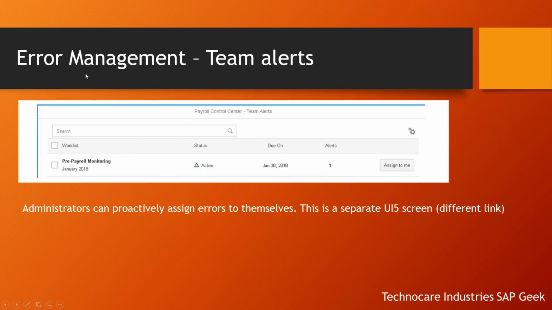This is a separate link, called team alerts. The administrator can go to this team alerts screen, check the list of alerts which are not assigned yet, assign them to themselves and then work on those alerts. This is another screen which is worth keeping in mind.